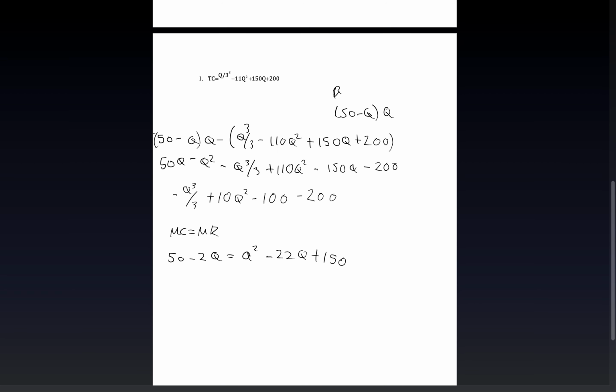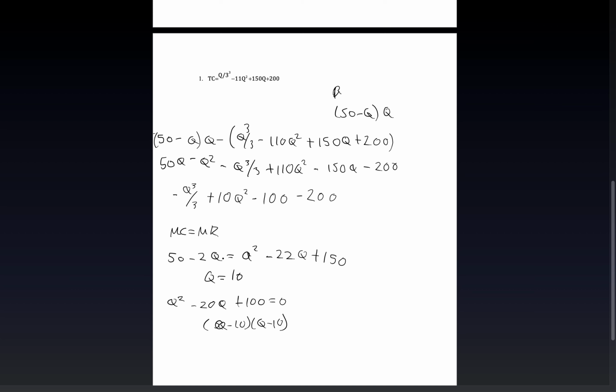And that should give our Q. If I want to show it, it will be Q squared minus 20Q plus 100, which is just the same as saying (Q minus 10)(Q minus 10).